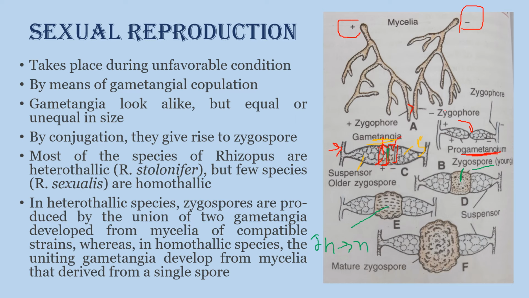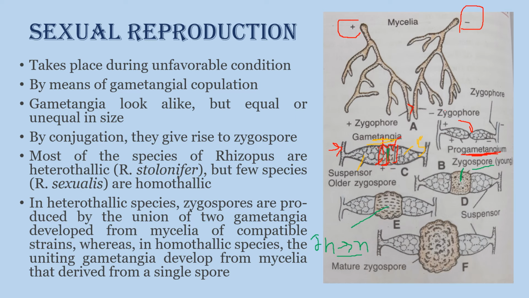But certain other mycologists believe that this meiosis occurs before the resting period. So this has been a matter of controversy. However, at the time of germination, the haploid condition has been restored.